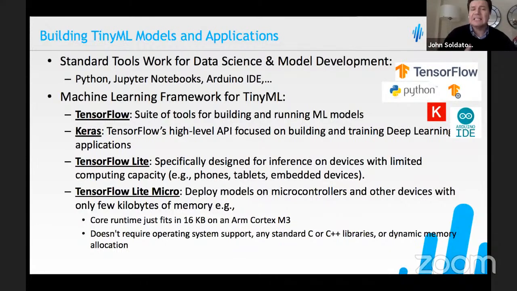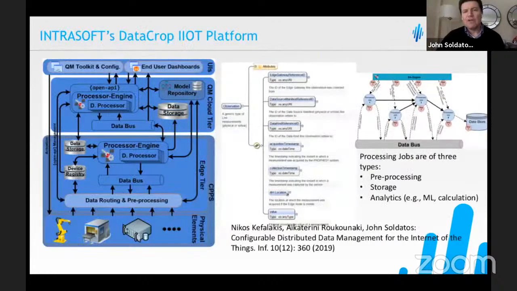The difference being that here you can use TensorFlow Lite Micro. So the idea is that you train the model with many data points in your cluster, and then you shrink the model and deploy it on a microcontroller with the lowest possible footprint. This is the direction we are looking.